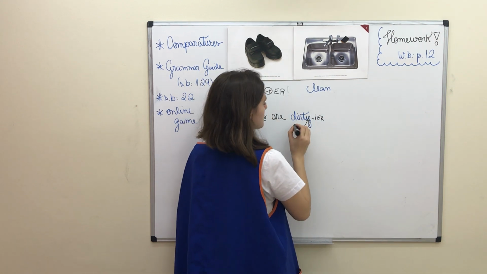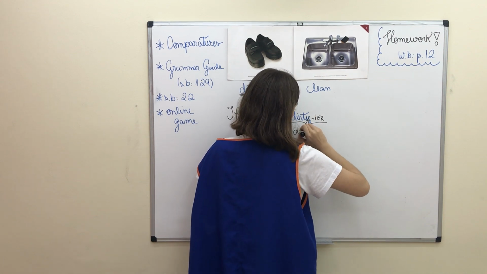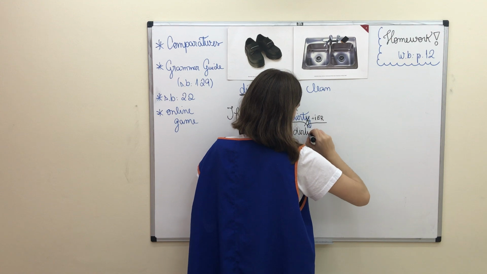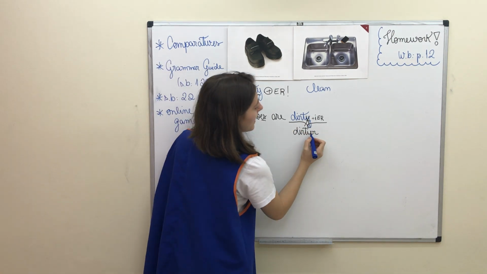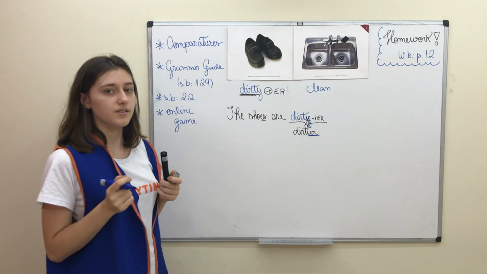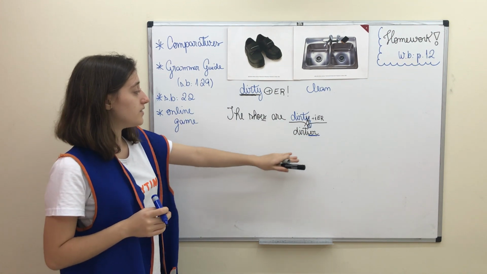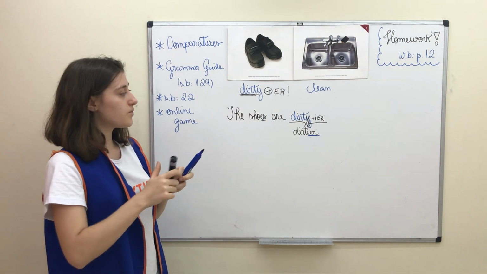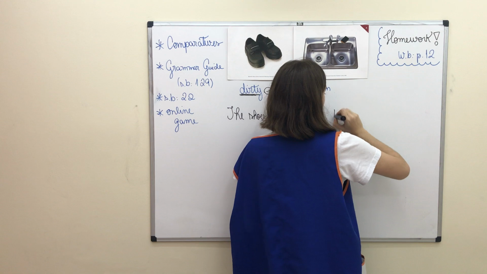So, how is this going to turn out? Dirtier. Okay, dirtier. I-E-R. Repeat, dirtier. The shoes are dirtier. What is the word that we always have to use? Then, remember?